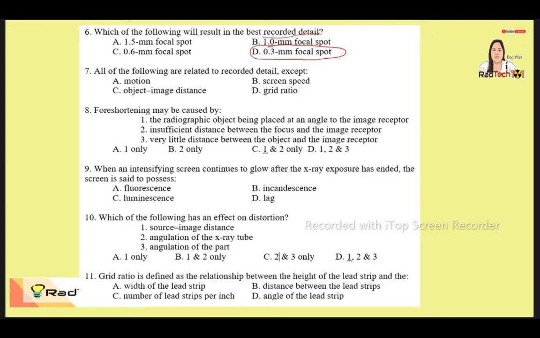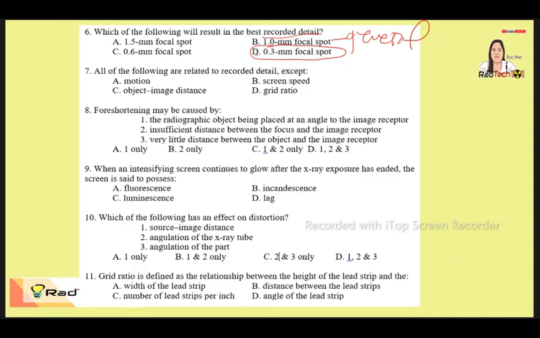So, usually, ito yung ginagamit nila sa mga joint radiography, sa mga angiography, sa blood vessels, sa fractures, and ang 1 mm focal spot naman sa general radiography. So, letter D is the correct answer.